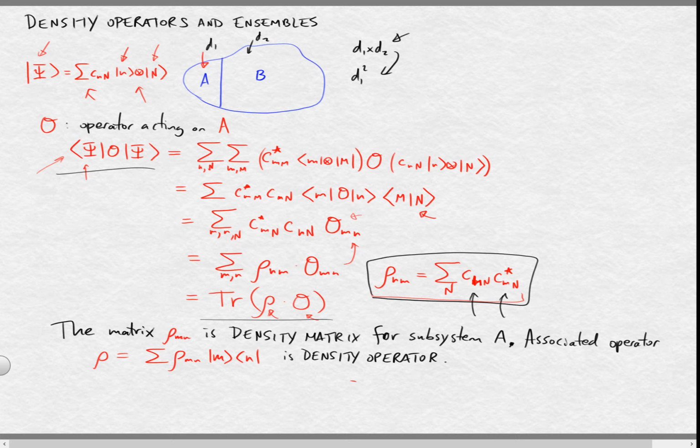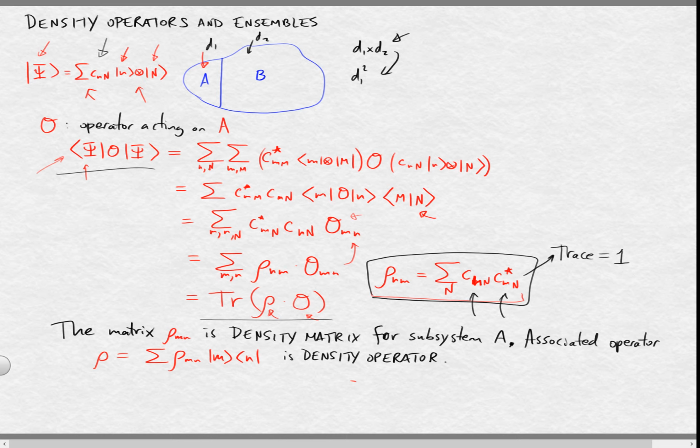Okay, and so we notice that from the definition of rho, the trace is equal to 1, because if we take the trace of rho, that just gives the sum of the squares of all the coefficients in the original state, and that should sum up to 1.